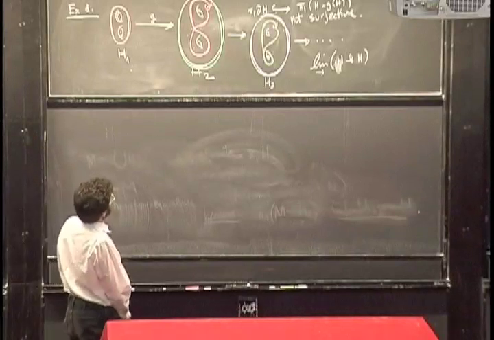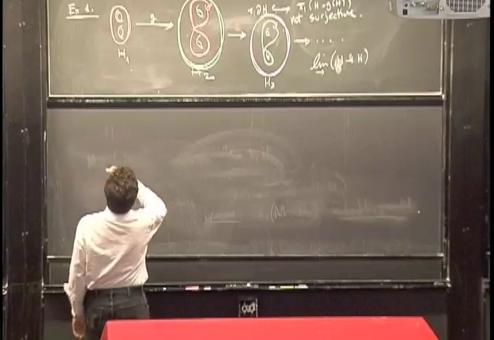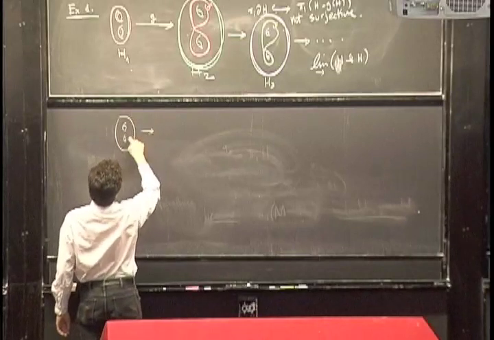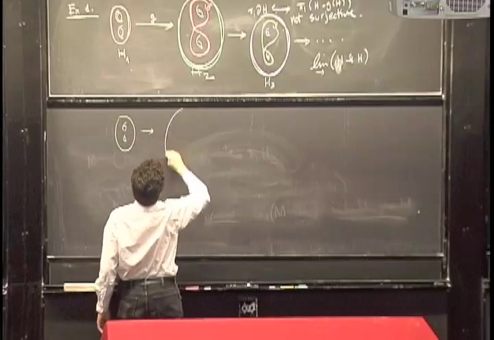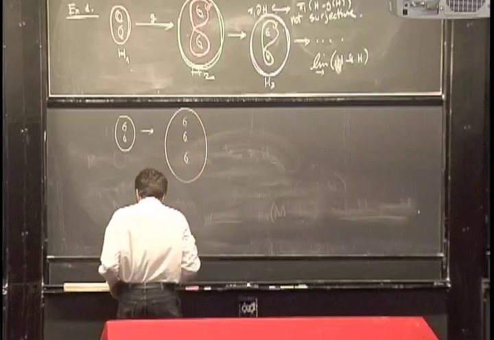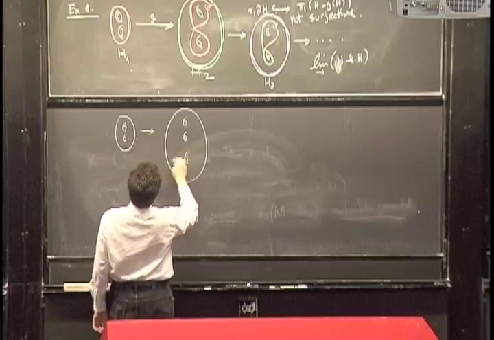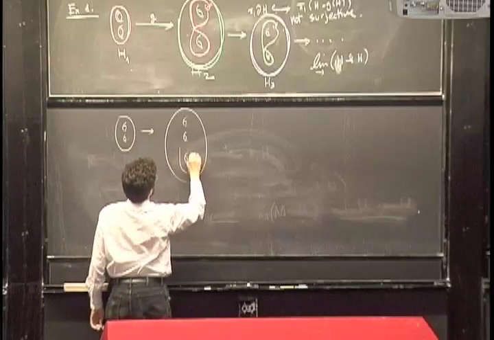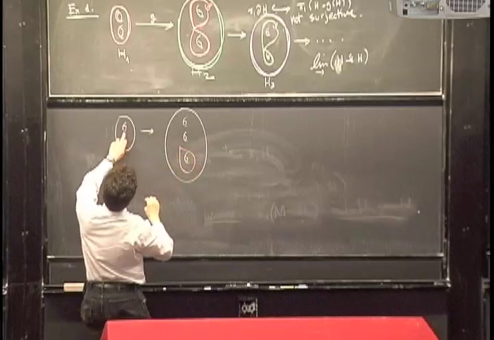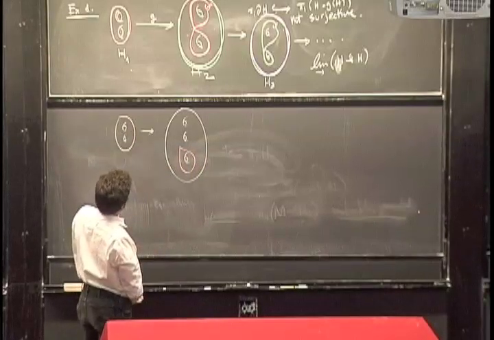So let's try to make something that can't be exhausted by handle bodies of genus 2. Maybe we'll do it like this. We'll take H1 the same way as before, and then we'll map it, instead of into a genus 2 handle body, we'll make H2 a genus 3 handle body. And we'll put it in. I'll probably get this wrong, but let's see. Maybe we'll take the first handle and wrap it around like this. And then the second handle, is this what I want?